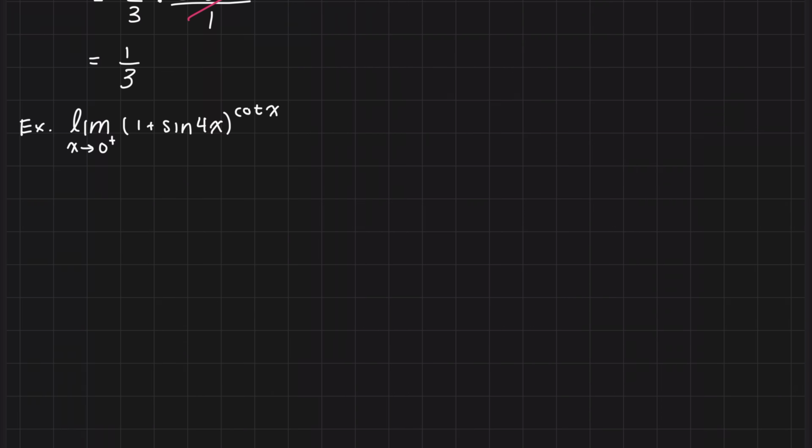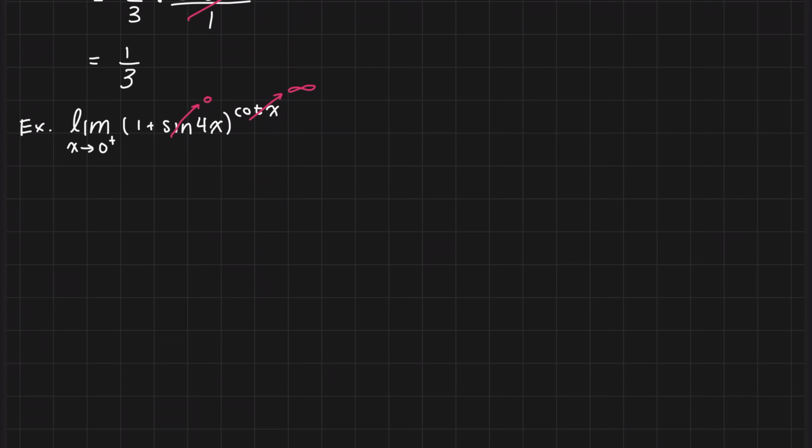Okay, so first when we're looking at it, let's evaluate the individual pieces to see if we have an indeterminate form. So sine 4x, we're looking at as x approaches 0. Sine of 0 is 0, so we get 1 plus 0, which is just 1. And then cotangent 0 approaches infinity.